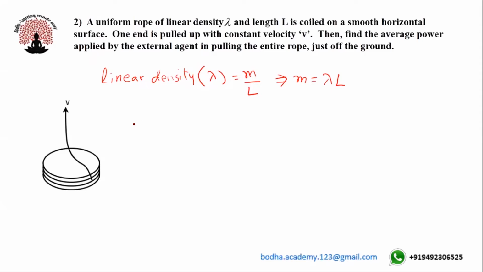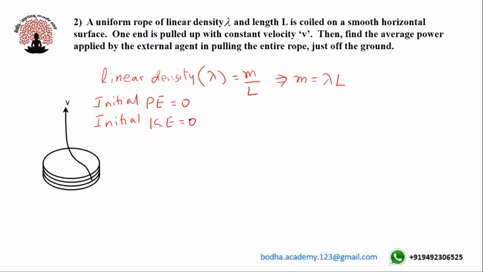Now initially the entire rope is on the horizontal surface. Therefore, its initial potential energy will be equal to 0. And because the rope is at rest, we can say that the initial kinetic energy is also equal to 0.